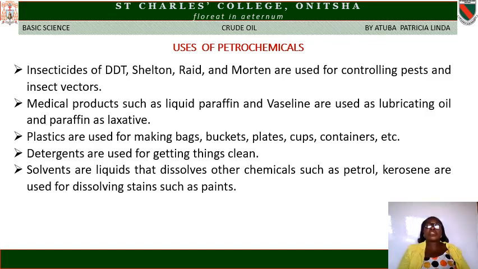We use them to wash plates, wash our clothes, clean the house, etc. Then the next one is solvents. Solvents are liquids that dissolve other chemicals, such as petrol and kerosene, used for dissolving stains, such as paints. So if you are using paint and it fails to wash off your hand, once you use solvent, it will be washed off.